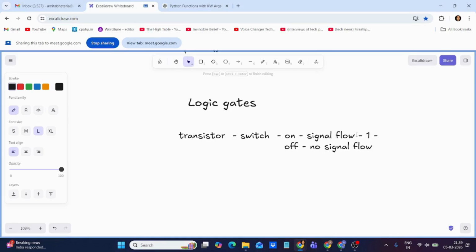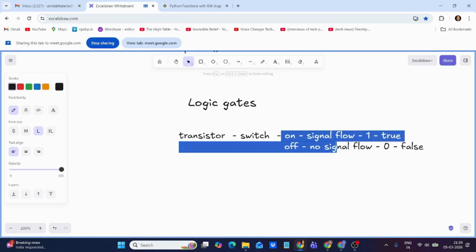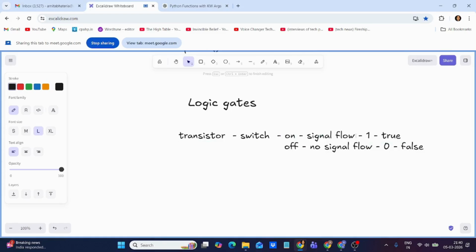True, right? And what can we represent no signal flow with? Zero, and then False. So the switch works on this principle: if the switch is on there will be signal flow, and if the switch is off there will be no signal flow. The transistor also works in the same form. If there is signal flow we call that true or one, and if there is no signal flow we call it either zero or false, right?